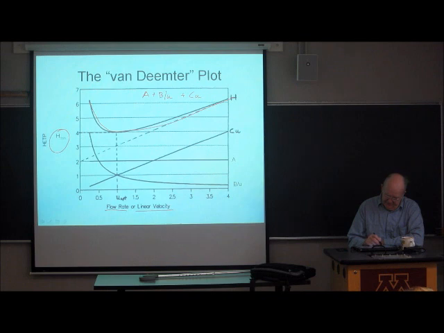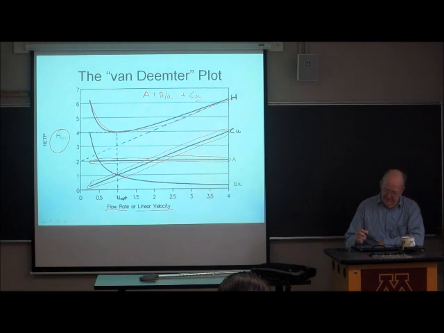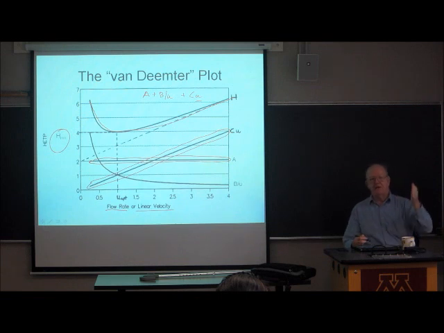Here's the A term. Here's the C term, which is linear in the velocity. And the B term has an inverse dependence on velocity. So here's the B term.